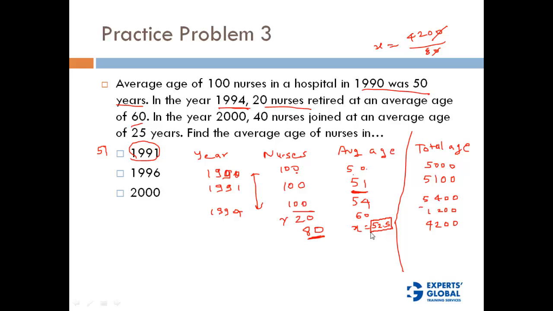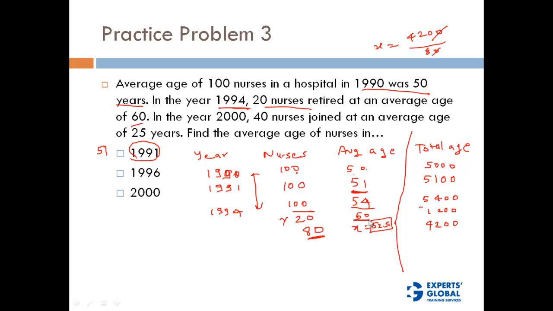Now you will see that the average age suddenly has decreased. Intuitively, one thing you should catch is that at the start of the year we had 54 as the average age, out of which there are some nurses aged more than 54, and some younger nurses also. 20 nurses get retired, so that means older nurses get retired.